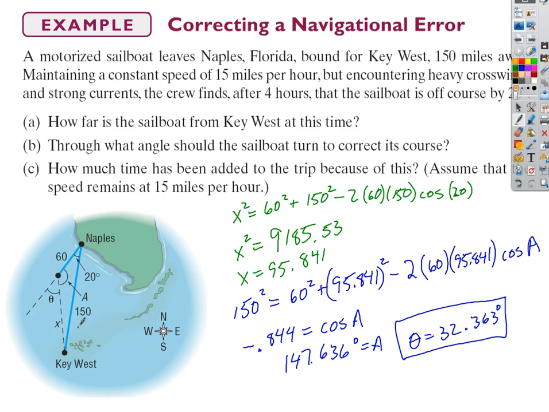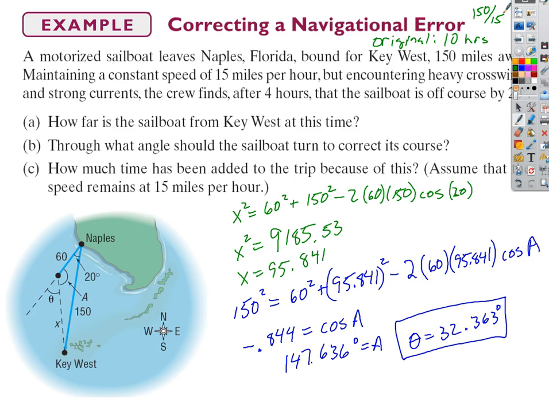Well, I'm 150 miles away, going 15 miles an hour. My original trip was supposed to take 10 hours, that was 150 divided by 15.